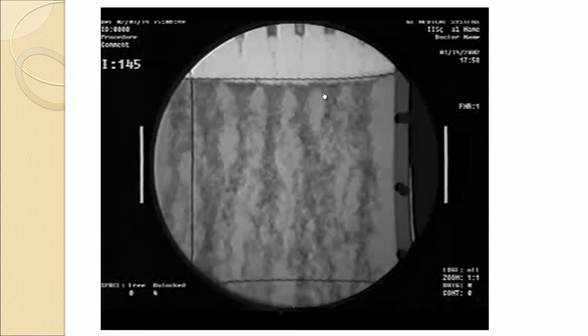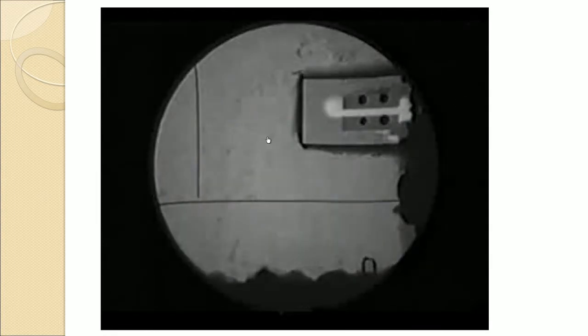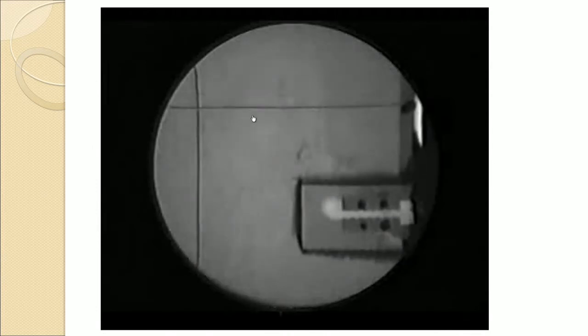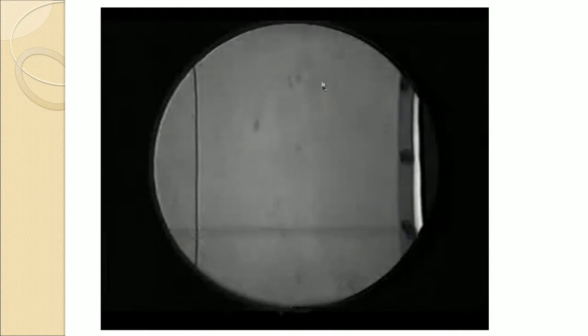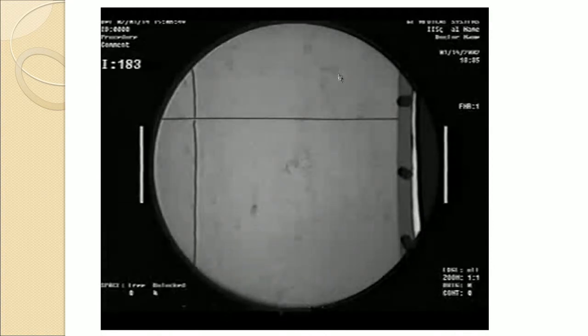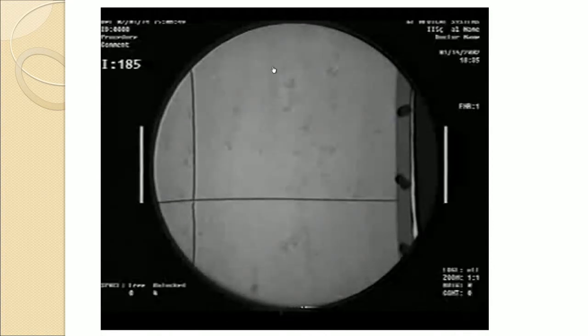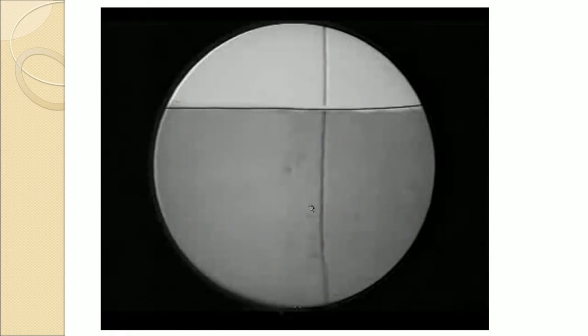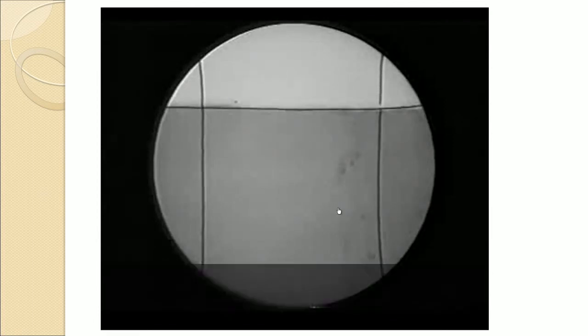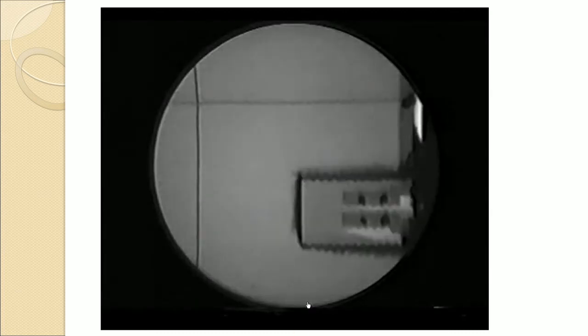So, look at all the holdup at various places. Now, this shows when the liquid has been stopped, and you can see the static holdup in a few regions, quite a lot of holdup is there, and no liquid is coming out, that is called the static holdup.